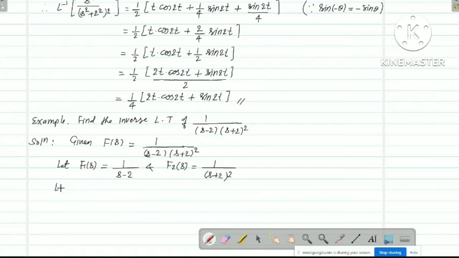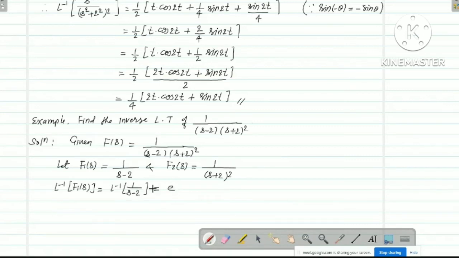So L inverse of F1(s) is equal to L inverse of 1 upon s minus 2. What is the inverse of this?